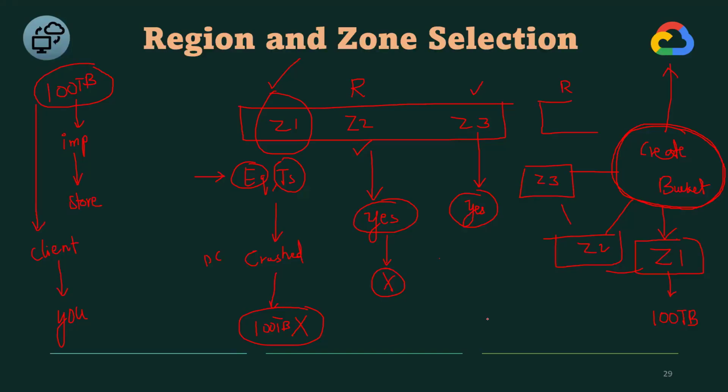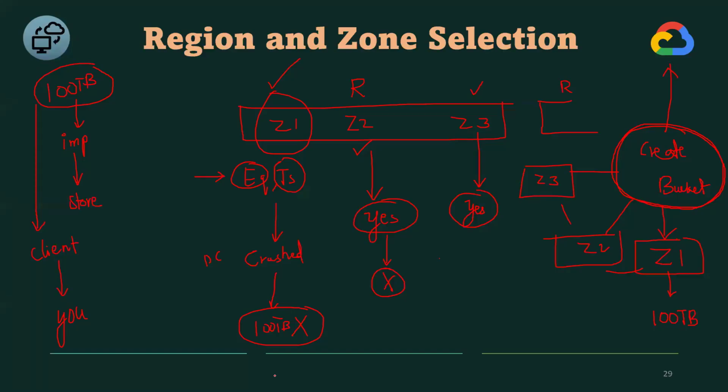Whenever you want to create any resource in GCP, we should always think about unexpected failures. Because if you don't think about unexpected failures, you select zone 1 and store the data in zone 1, and due to that, you are going to lose your data.